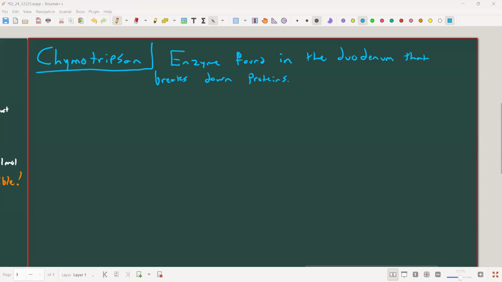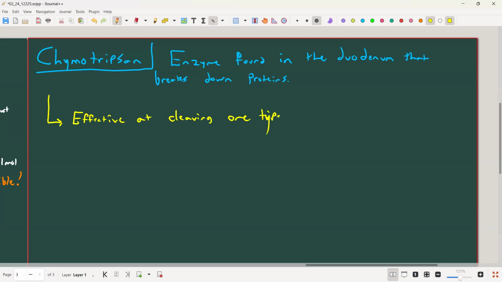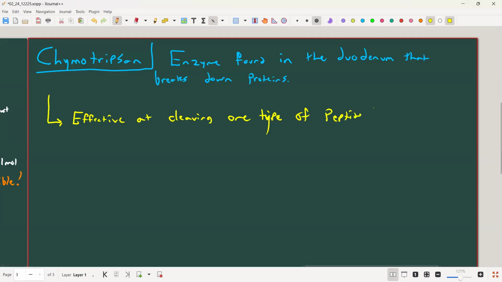Chymotrypsin only cuts one type of bond. It's extremely effective at cleaving one type, a peptide bond.